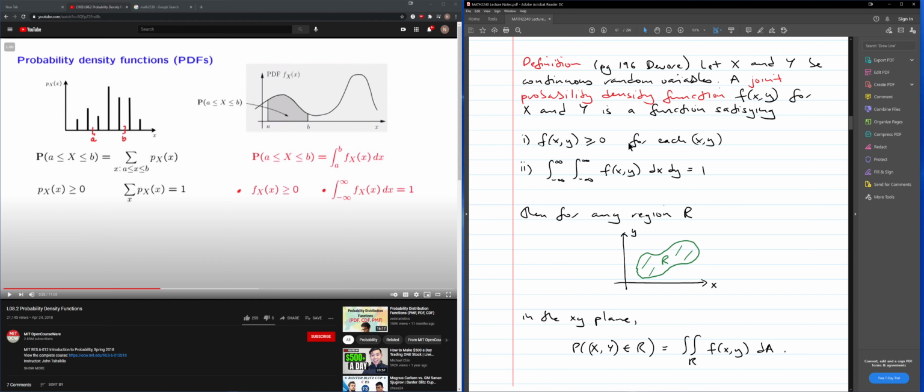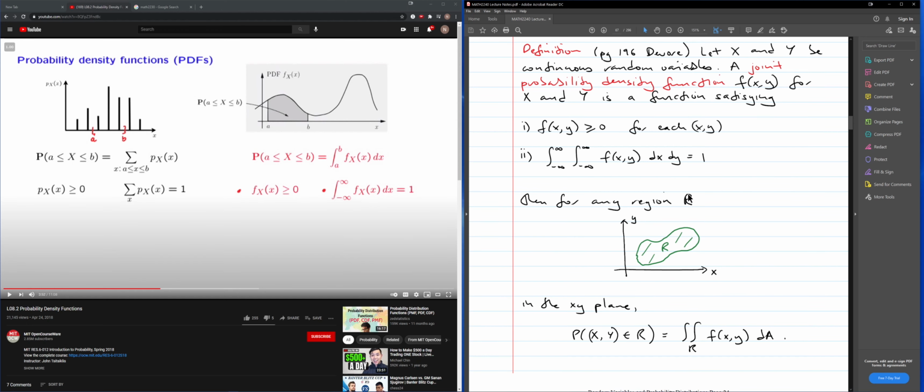Now, it's a similar sort of thing when you have a joint PDF. So this is a general case over here. Before we get to this general case, let me just do a specific case when your region R over here is a rectangular region.